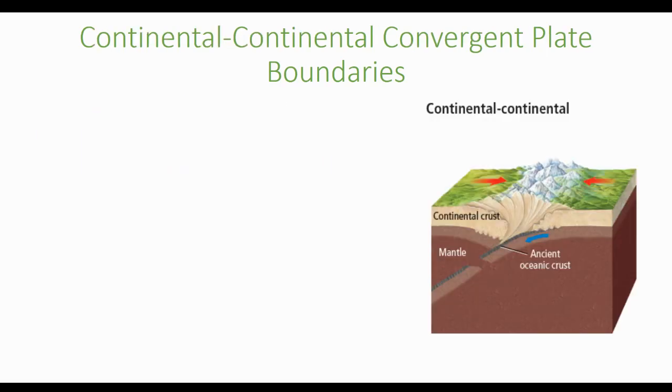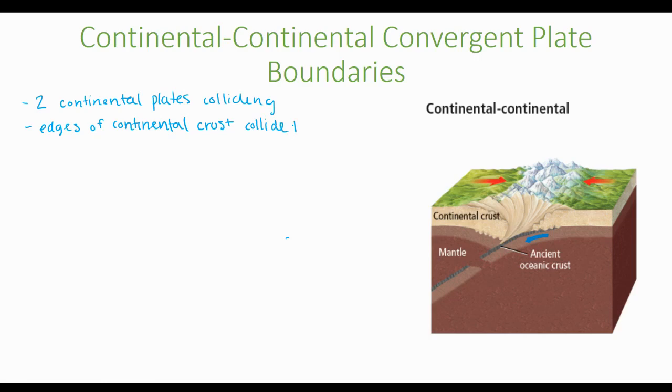Our final convergent boundary is when two continental plates come together. So two continental plates are colliding. When this happens, the edges of the continental crust collide, become crumpled, folded, and uplifted.